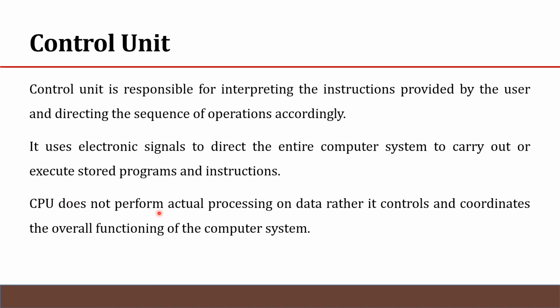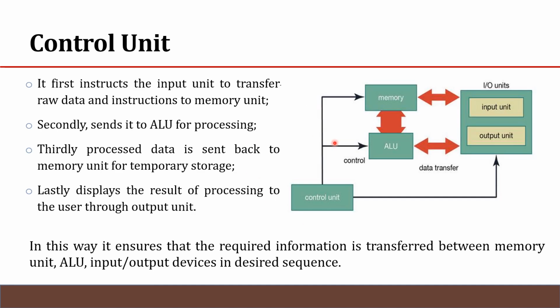CPU does not perform actual processing on data, rather it controls and coordinates the overall functioning of the computer system. So the control unit first instructs the input unit to transfer the raw data and instructions to the memory unit. Then it sends them to the ALU unit for processing.